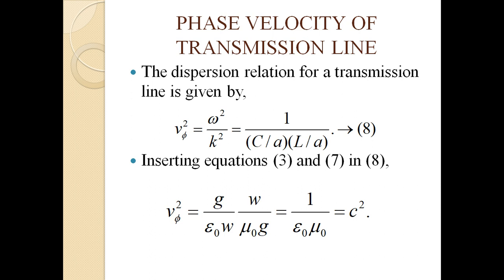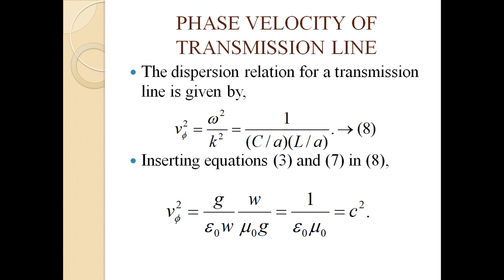The dispersion relation for a transmission line is given by v phi square equal to omega square by K square equal to 1 by C by A into L by A. We already found out the capacitance per unit length C by A and the inductance per unit length L by A. Substituting these in the equation 8, you get that v phi square, or the phase velocity square, equal to 1 by epsilon 0 mu 0, which is equal to c square.